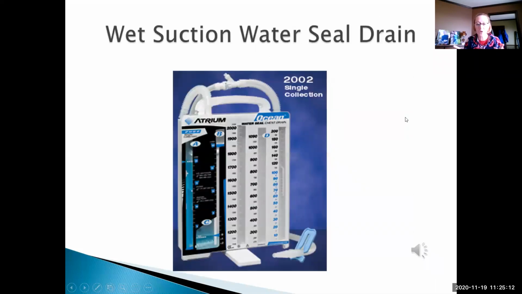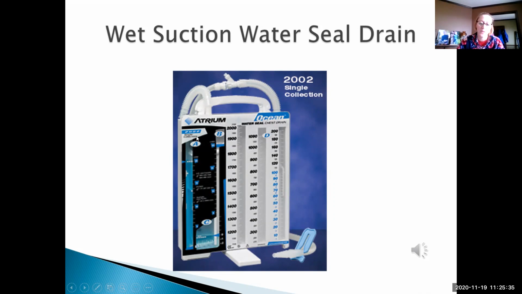So here's our normal collection system. Atrium is a pretty common brand, and this is our Atrium system. This D chamber here is where your collection system is, so that's where your drainage is going. You mark it every shift. You don't need to change it until it's full, but this is where you're going to monitor your drainage.